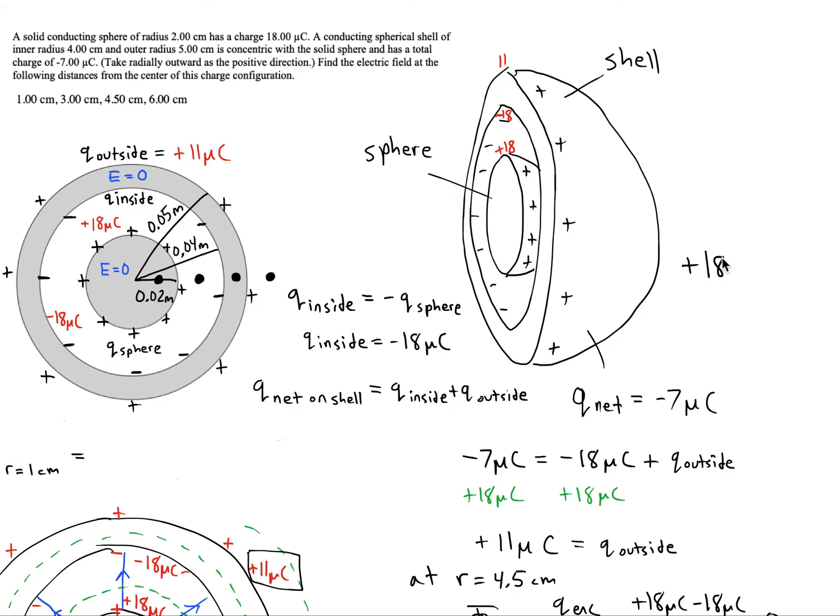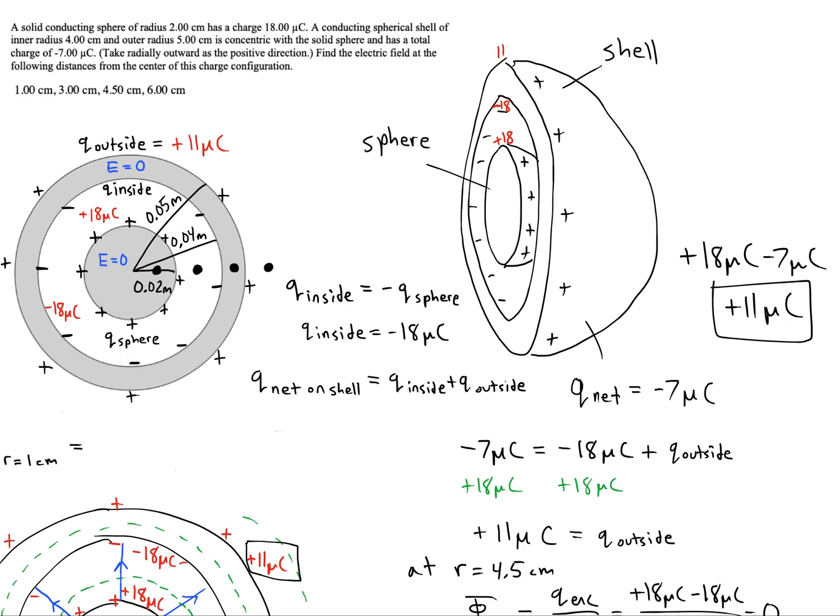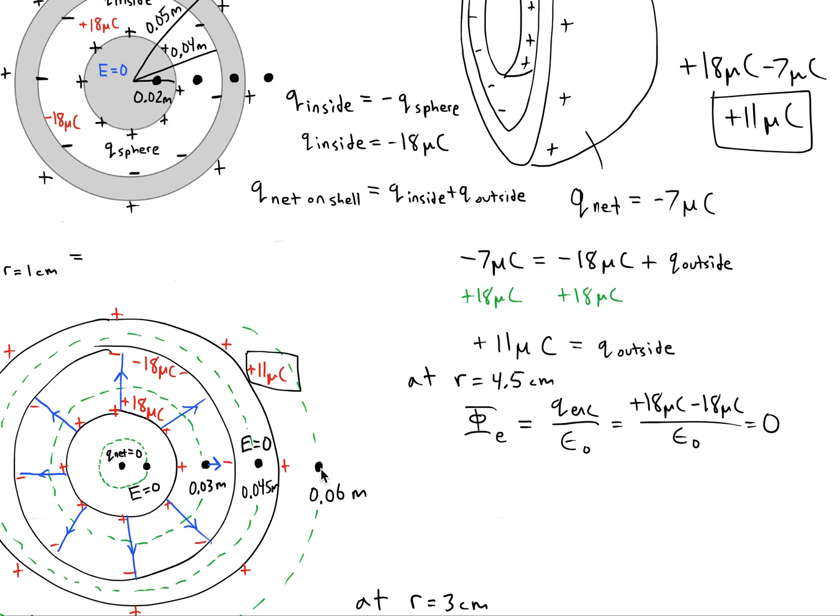If we combine those together, we get positive 11 microcoulombs. And so we see that the net charge in this system will migrate to the exterior surface of the system. And that net charge on the exterior is what's responsible for creating the field at points outside the system.